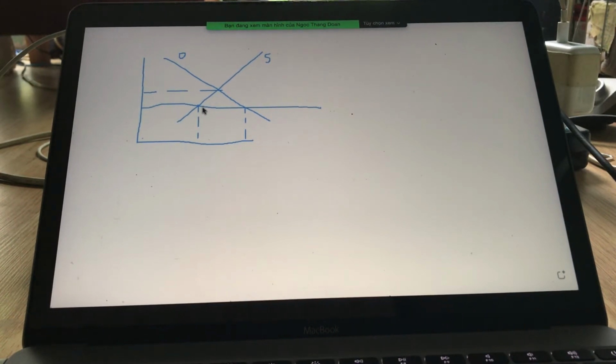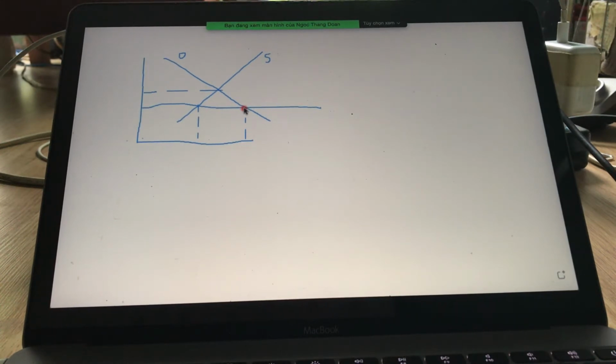Here is the supply, and here is the demand, right? So we have an excess in the demand. When we have the excess in the demand, in the fixed exchange rate, the central bank has to absorb that excess in the demand.